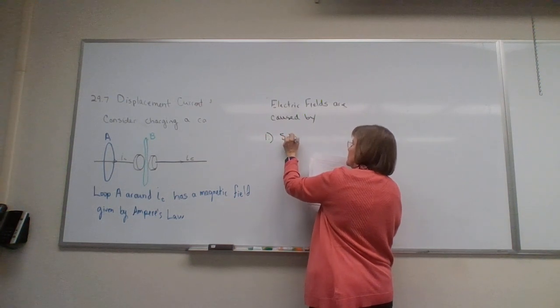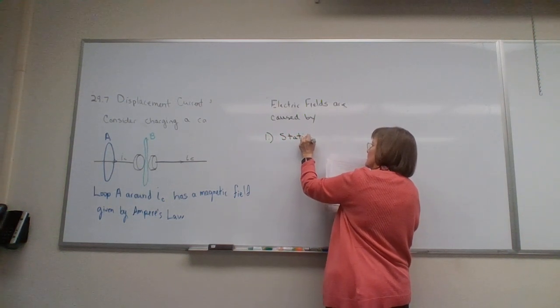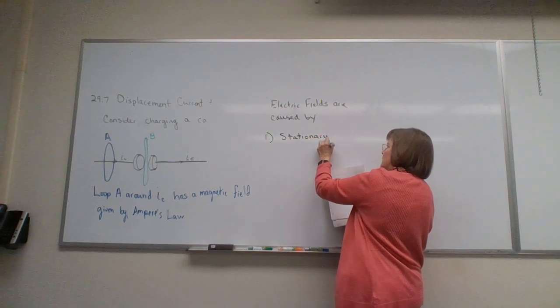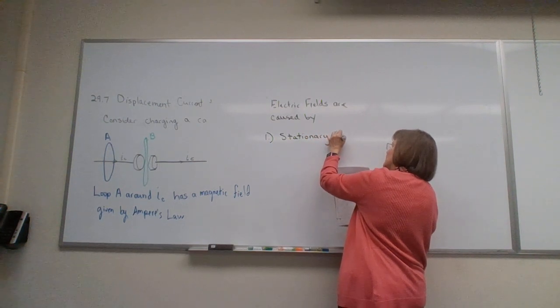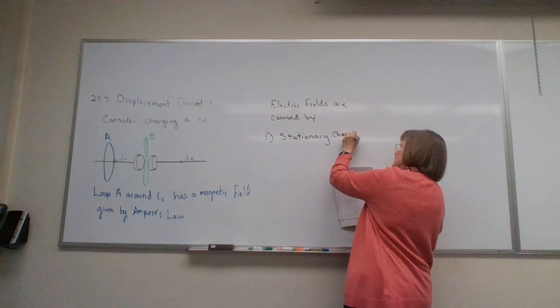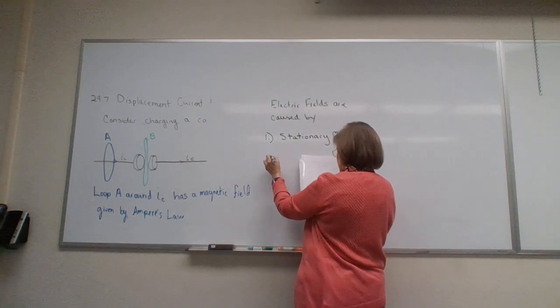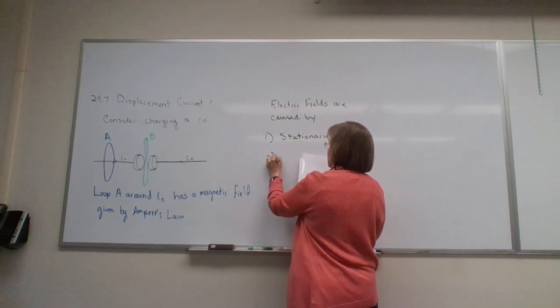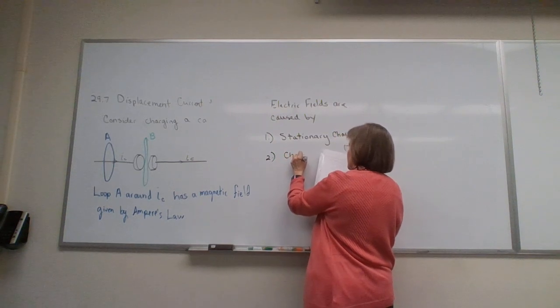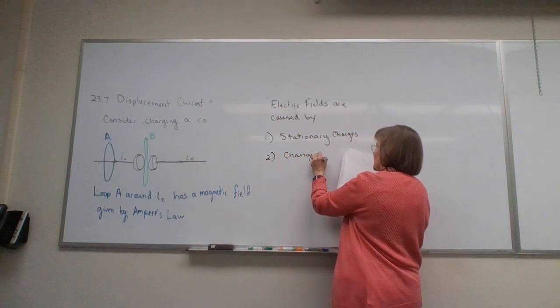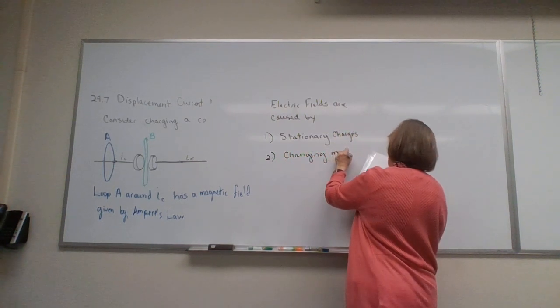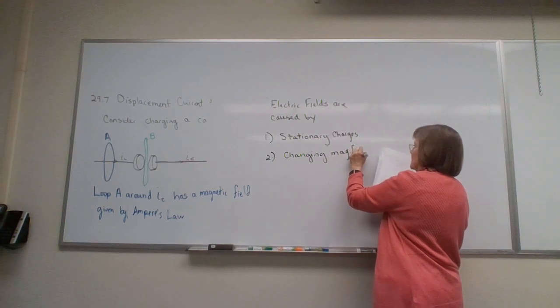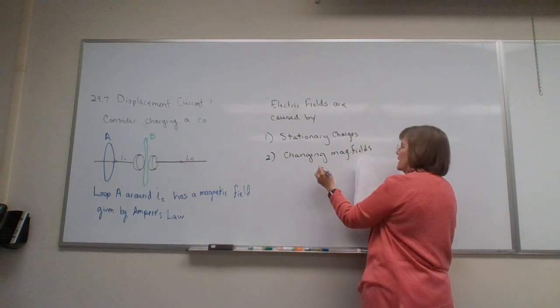One is stationary charges, our electrostatic fields that we've always had. And two is changing magnetic fields. You can make electric fields.